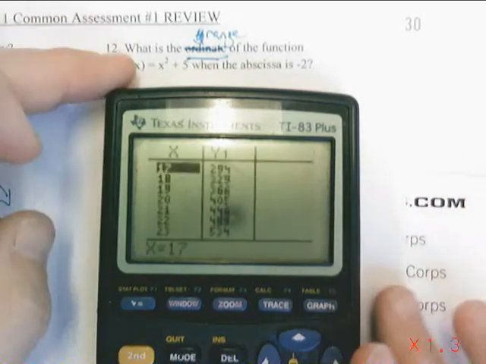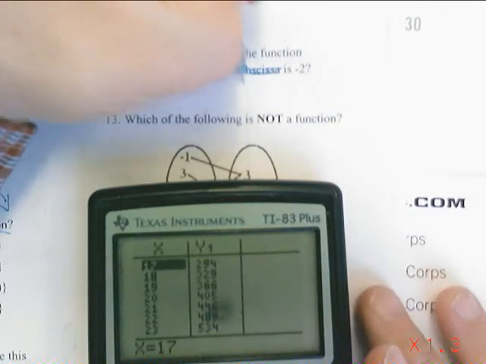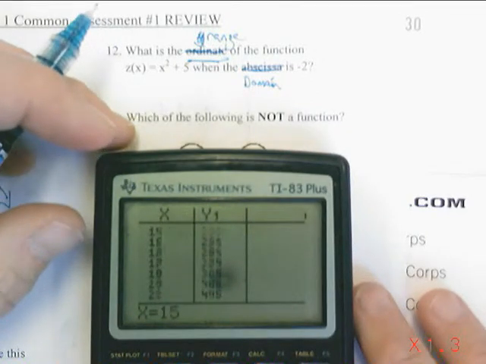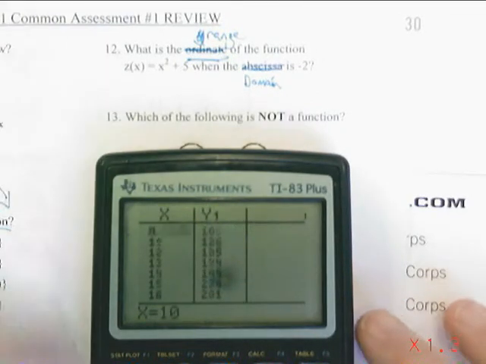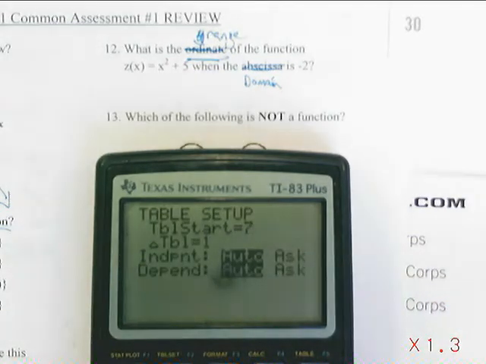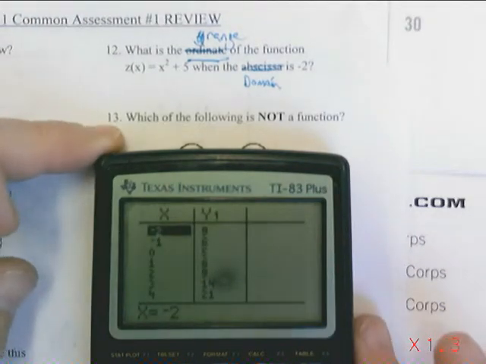The abscissa is -2. Abscissa is my domain. So if x is -2, I scroll up to this. I'm going to cheat, and get there quicker. If x is -2, y is 9.